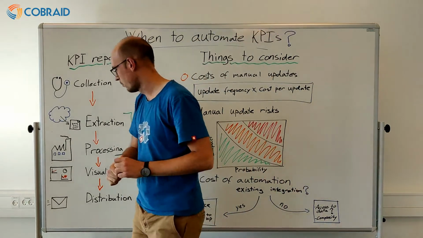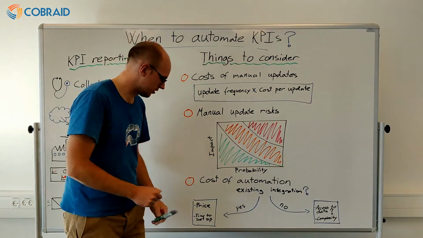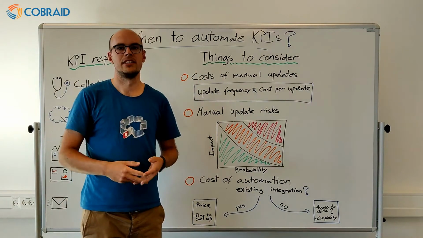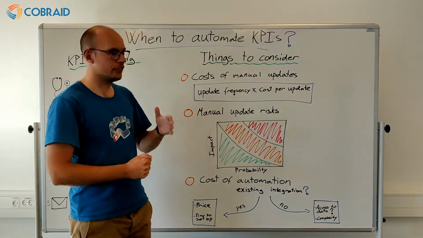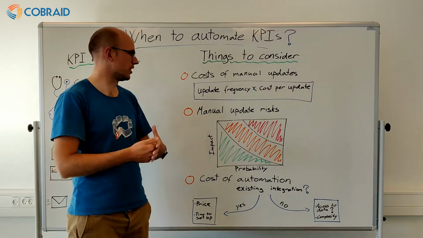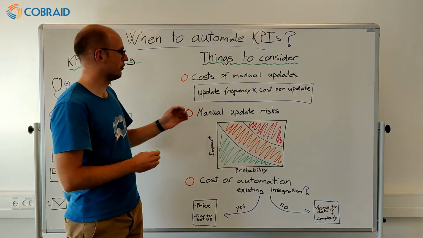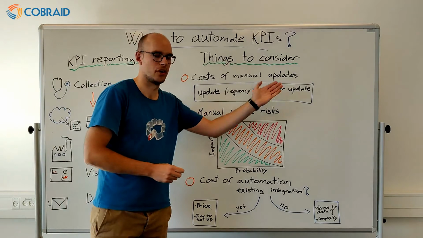So, with that in mind, what do we need to consider when we want to automate the KPIs? The first thing we need to consider is what is the cost of the manual updates? And that is roughly calculated by taking the update frequency multiplied by the cost per update.